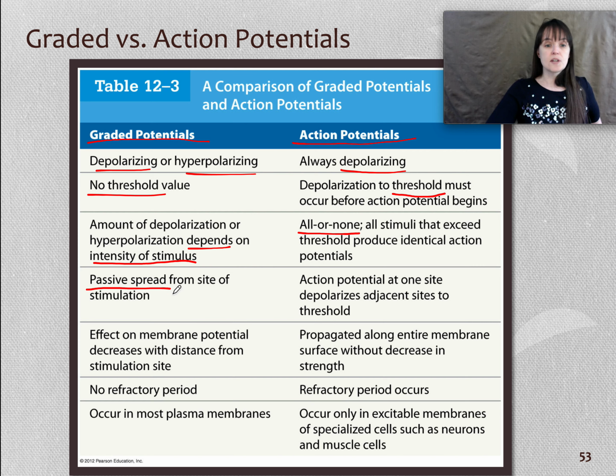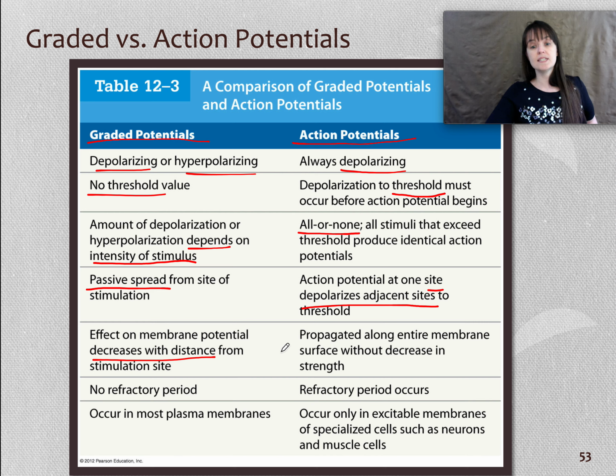Graded potentials are passive. Action potentials are propagated. So each site depolarizes the adjacent site, that means touching next to it. Graded potentials, the strength decreases with distance. Action potentials propagate. They're the same strength throughout across the distance. So there's no decrease in strength.